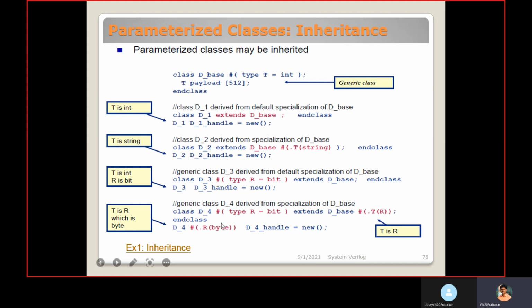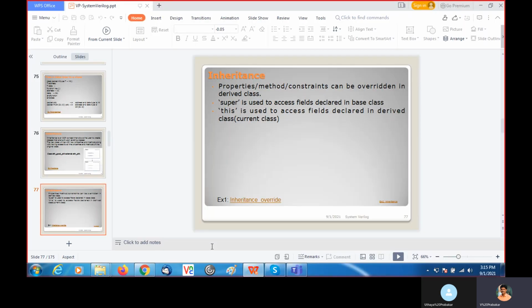Here this R is nothing but the bit. While creating the D4 handle, I'm overriding this dot R as a byte. So R is nothing but the byte data type. Now let's see an example for this.